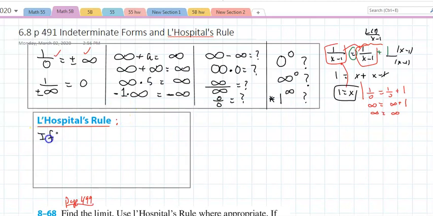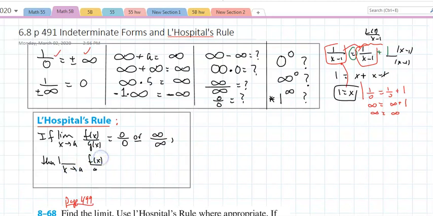L'Hopital stated, if you are taking the limit as x approaches a of f of x over g of x, and you get 0 over 0, I'm adding to it, I'm adding to the definition, or infinity over infinity, then the limit as x approaches a of f of x over g of x will equal the limit as x approaches a of f prime of x over g prime of x. And that turns out to be a lot more important than you think. Tell you a few things.